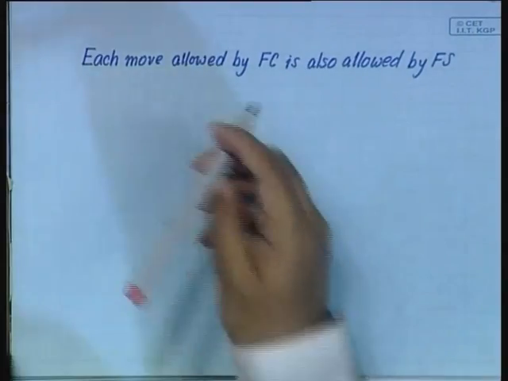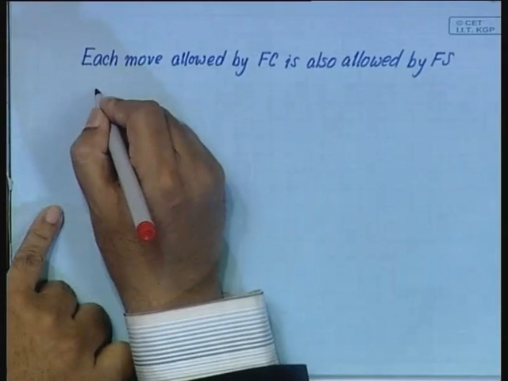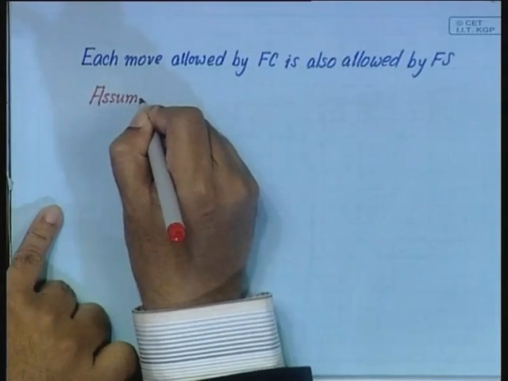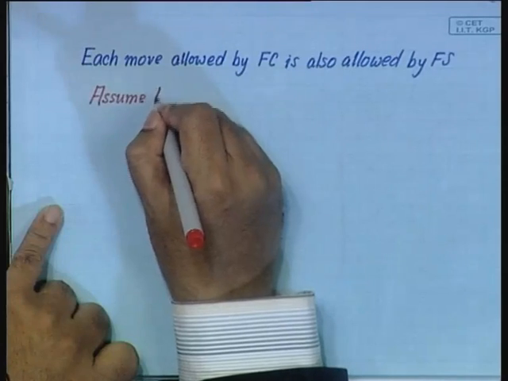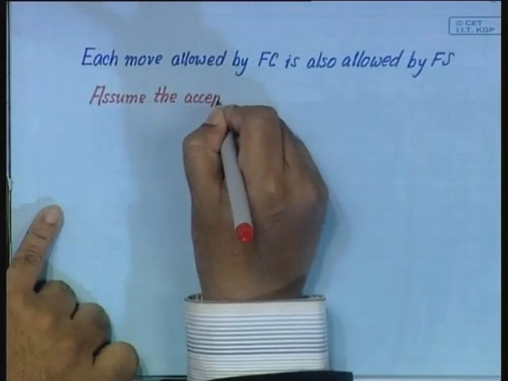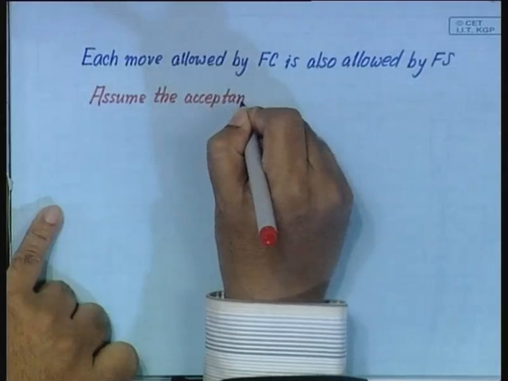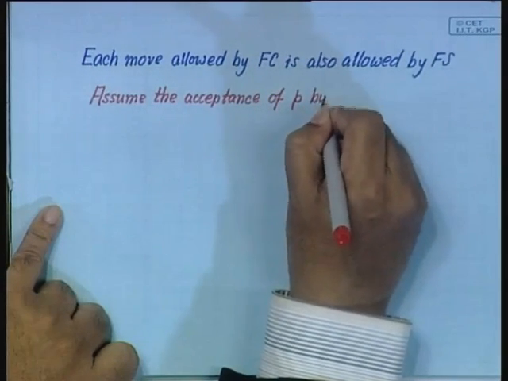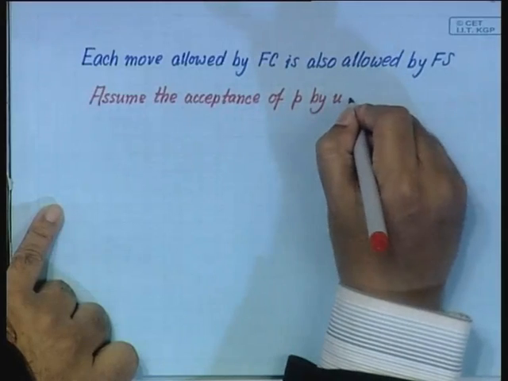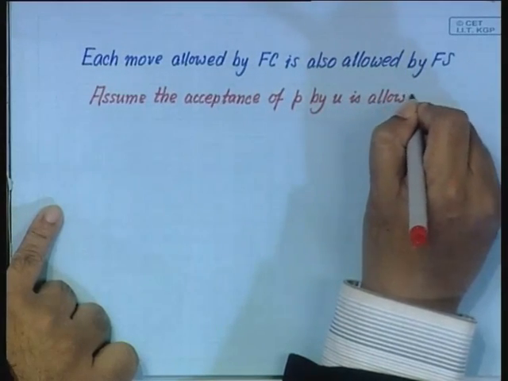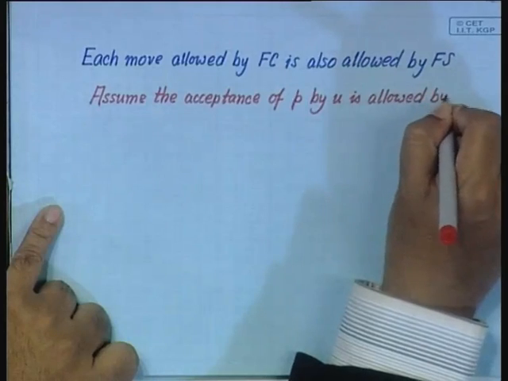Now, assume the acceptance of P by U is allowed by FC.